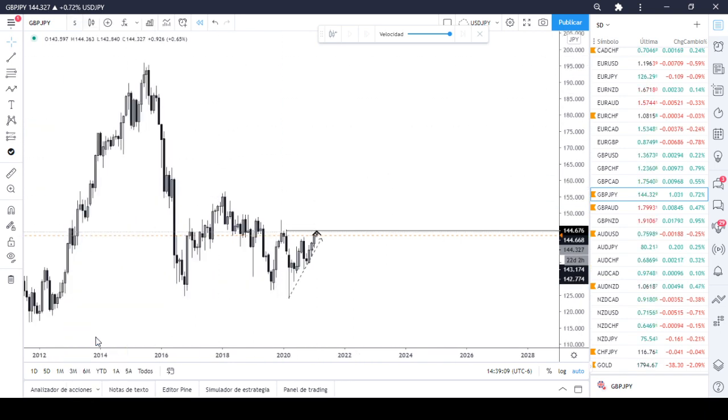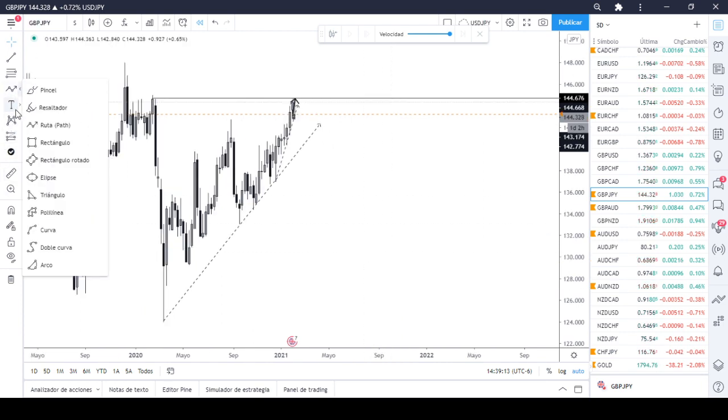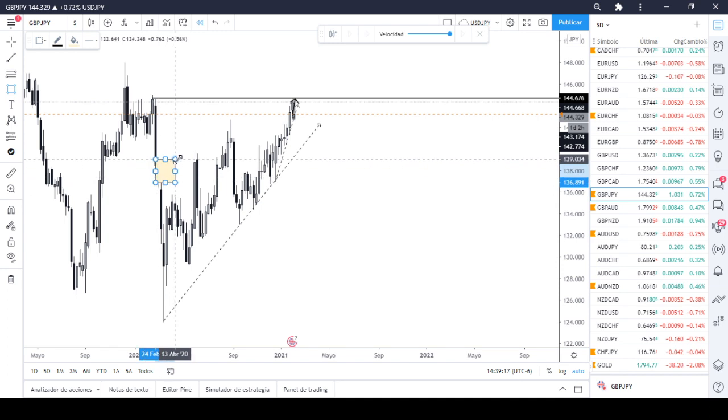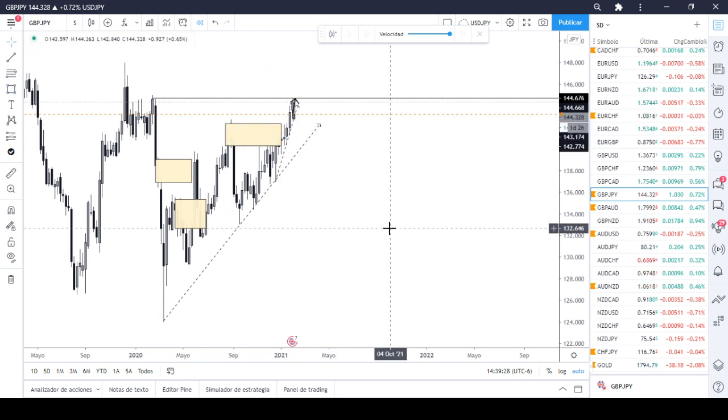Now see what's happening on the weekly time frame. We have supply zones here taken out. We have another supply zone there taken out. We have another supply zone here taken out. Supply zones are being removed.